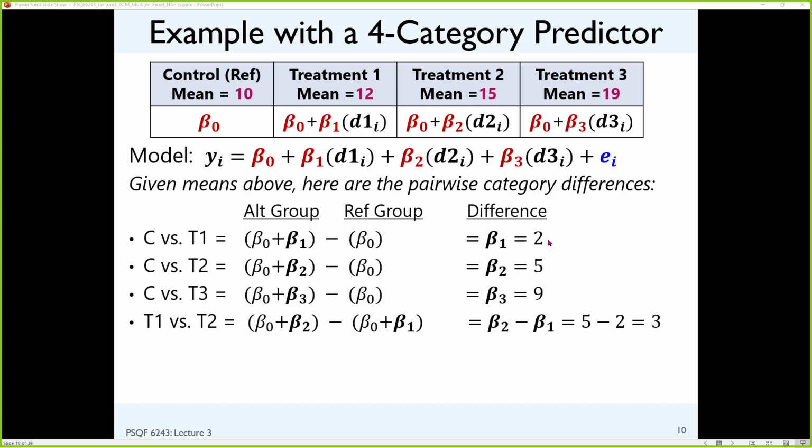Now I can look at these numbers and be like, well, I know what the difference is of beta 2 minus beta 1, it's 3. Well, that's cool, but is that significant? I don't know. What do I need to know if 3 is significant? The effect? This is the estimate of the difference.